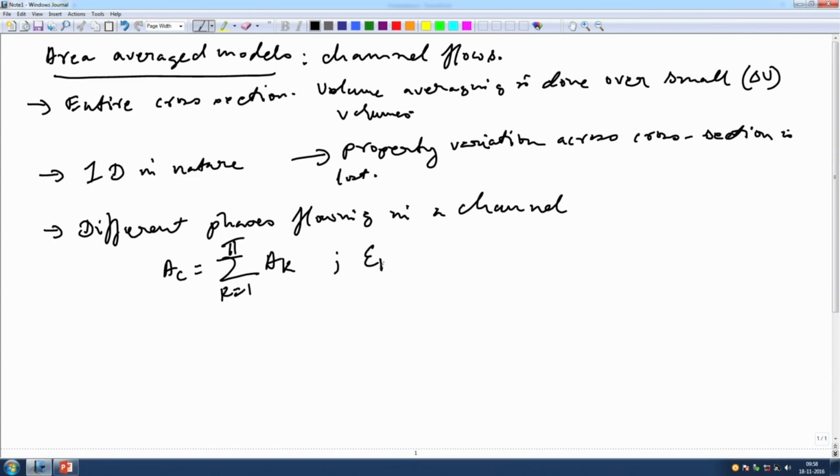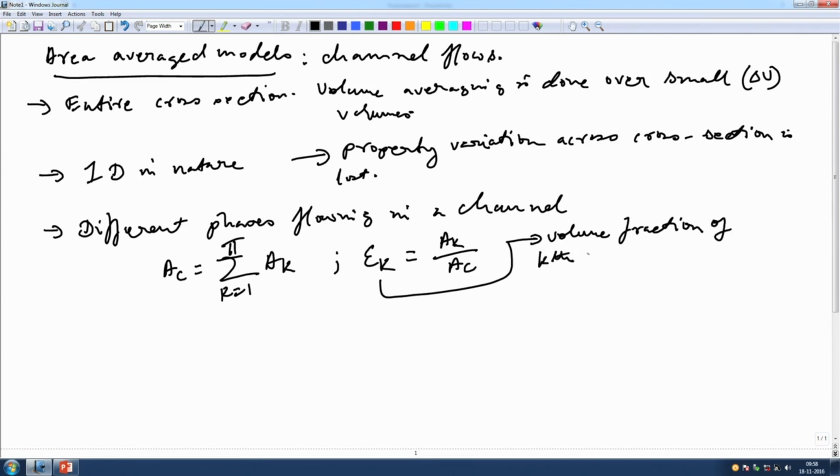Similarly, epsilon_k, which is basically the volume fraction of the kth phase, is given by this. And it comes with the natural consequence that if you sum total all this epsilon_k, it will become 1.